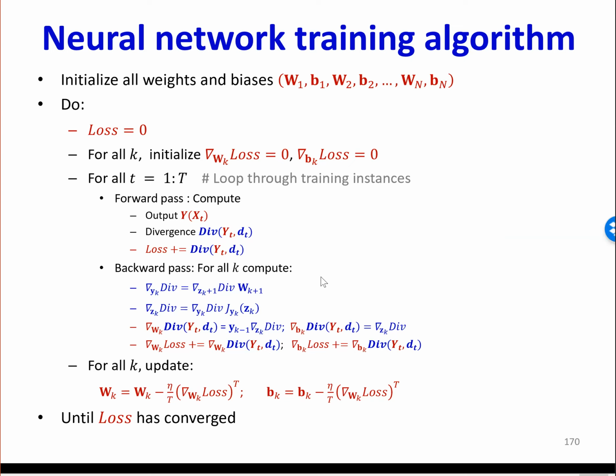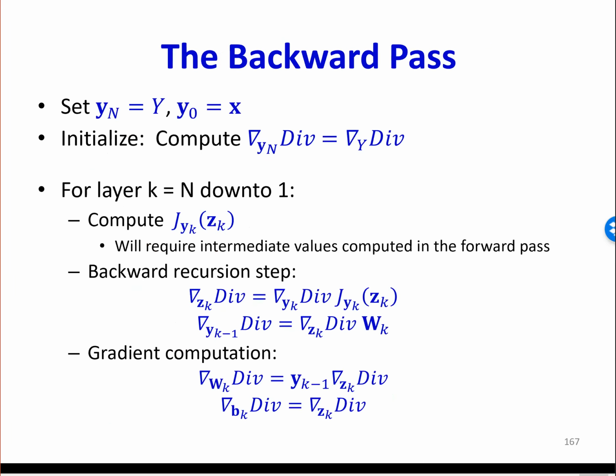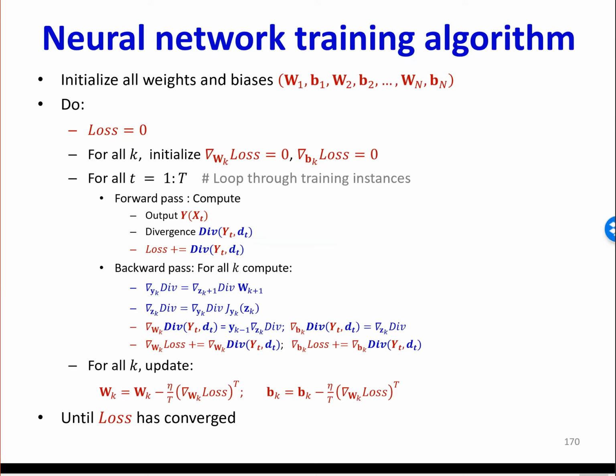And then you pass that instance backward through the network to compute the derivatives of the divergence with respect to all the network parameters using this simple recursion that we just saw. And then once you've computed the derivatives for all of your training instances, the average of these derivatives is what you would use within your gradient descent step to update your parameters. And you keep doing this until the loss has converged.